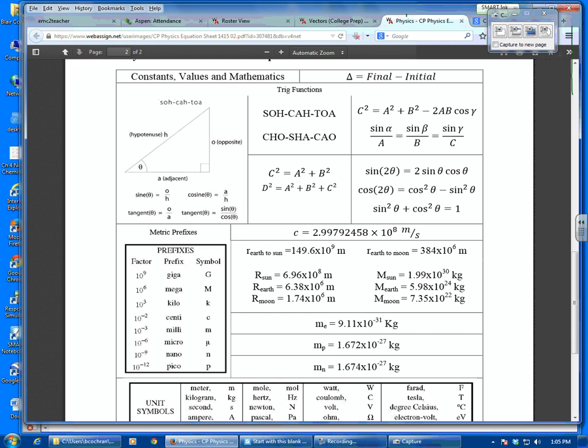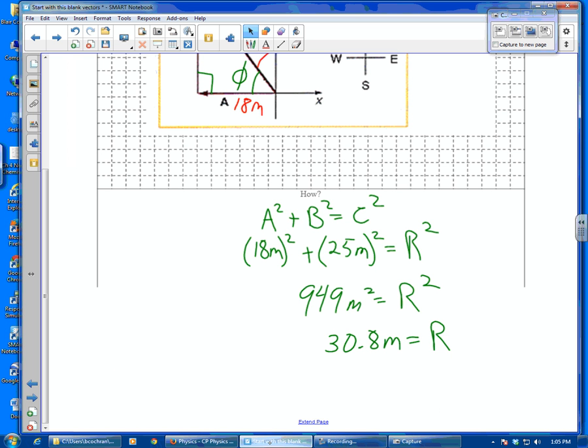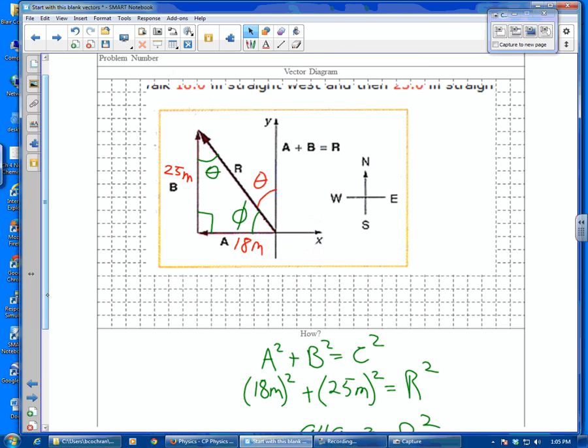Well, okay, that's a valid question. The way I know is I'm looking at this and thinking, what do I want to find, this angle. What information do I have? I've got the length of two sides, the 25 and the 18. How are those related to the angle? Well, one is opposite the angle, and one is adjacent the angle. Right?